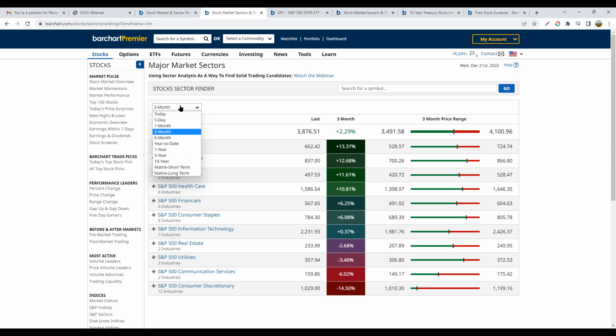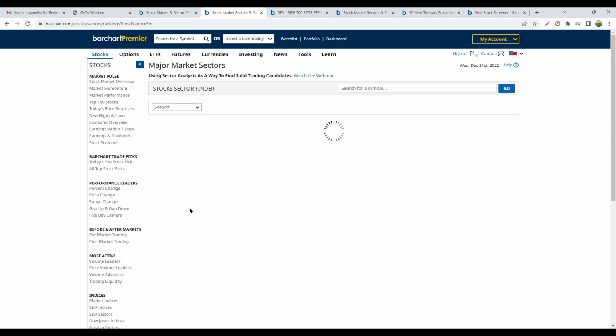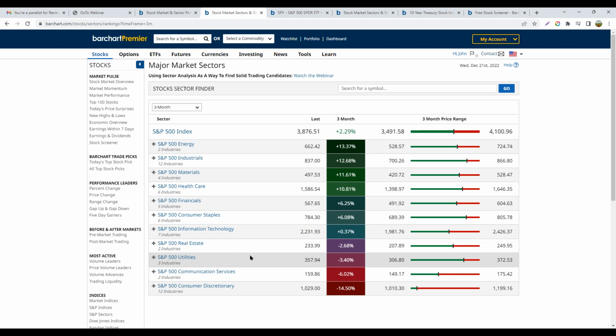And if we look at what has happened in the last month, we can see that continuation of consumer staples, healthcare, and now we see utilities has popped up. Now, 6 months ago, utilities was one of the lowest ones. 3 months ago, utility was one of the underperformers.